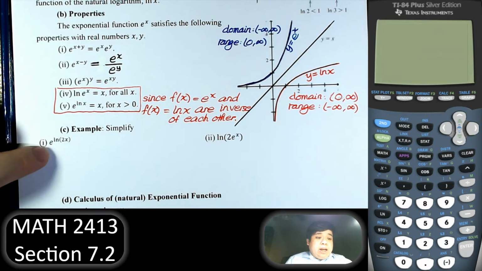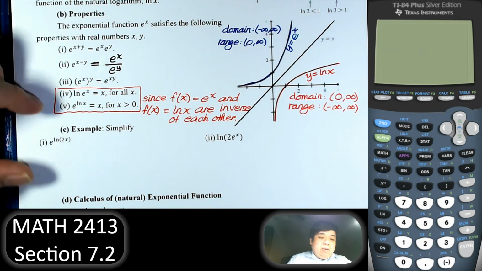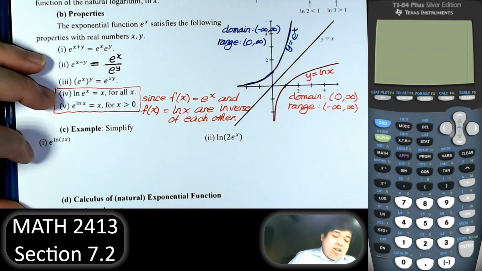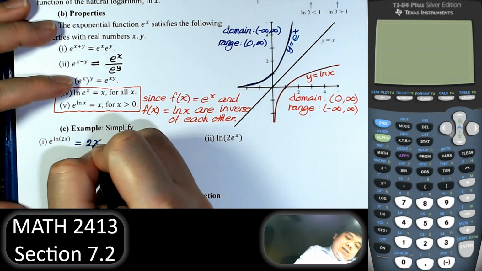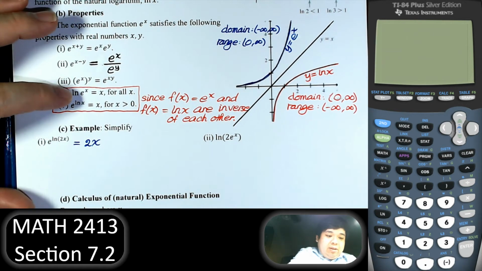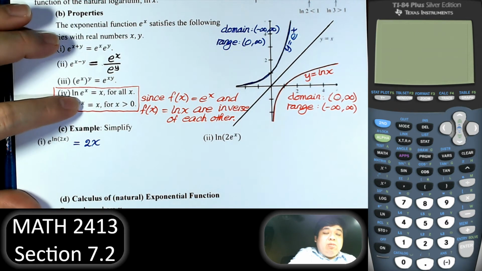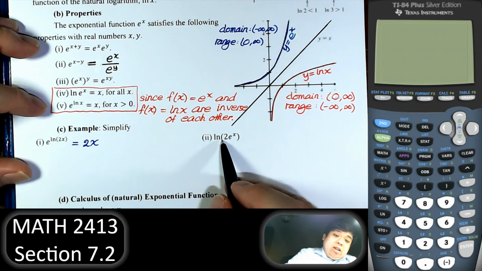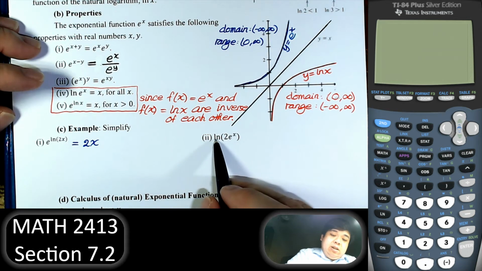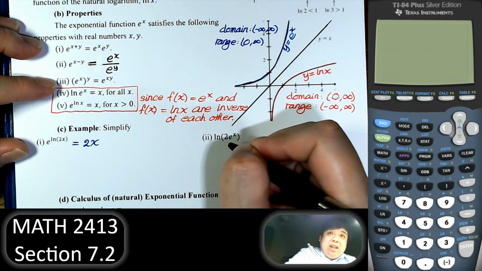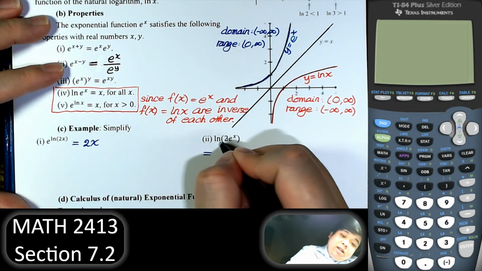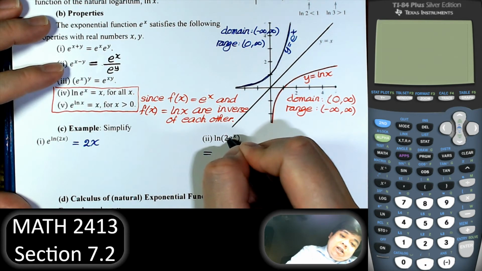First of all, e and ln being inverse of each other, they just cancel out, and that's just 2x. E and ln cancel out, this is x. Now this is a little bit different because we have a product here, so they don't cancel out, ln and e, don't do that. First, we have a product here, right?